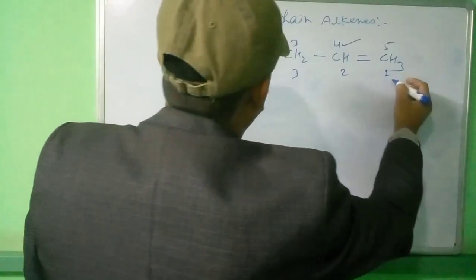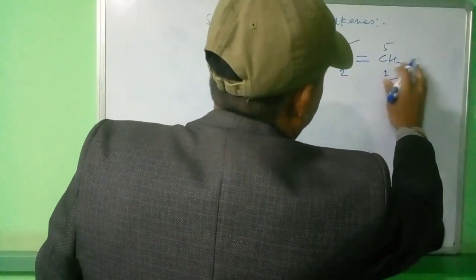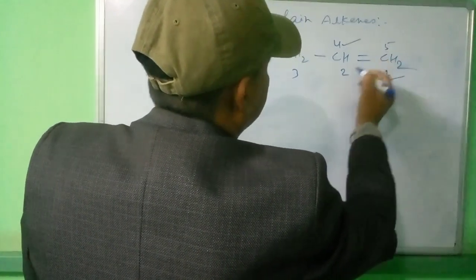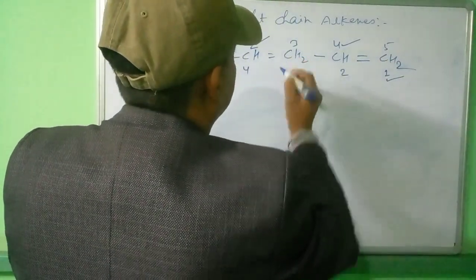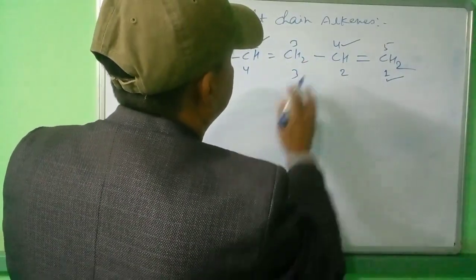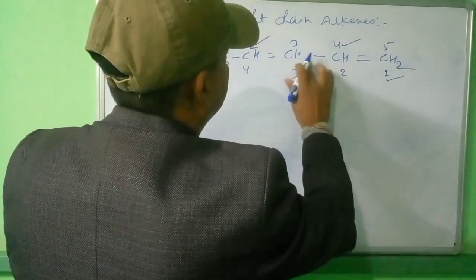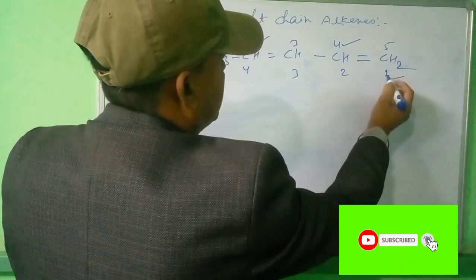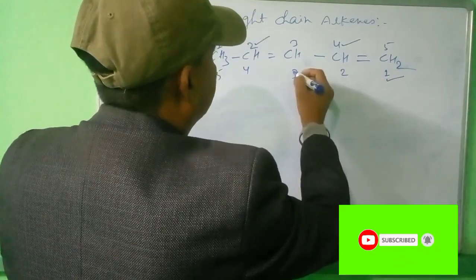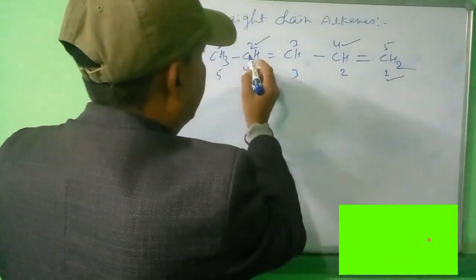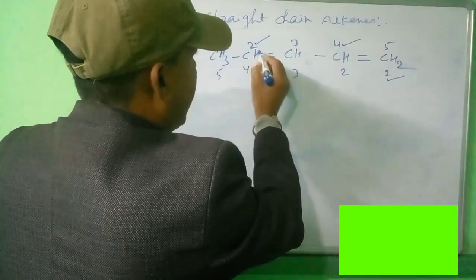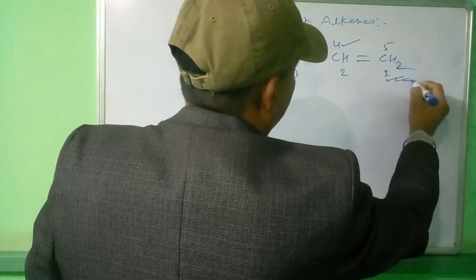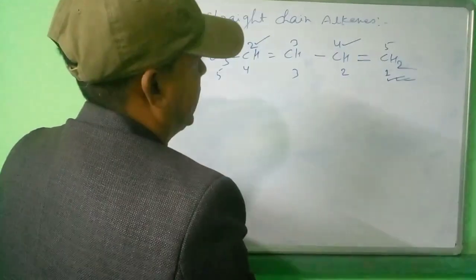Right to left, in this structure CH2, the first carbon is double bonded, then the third carbon is double bonded. Here left to right, second carbon and then fourth carbon. So this way is the correct way, this is the wrong way.